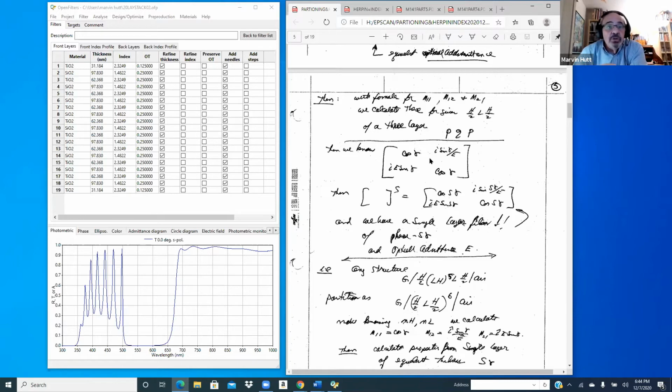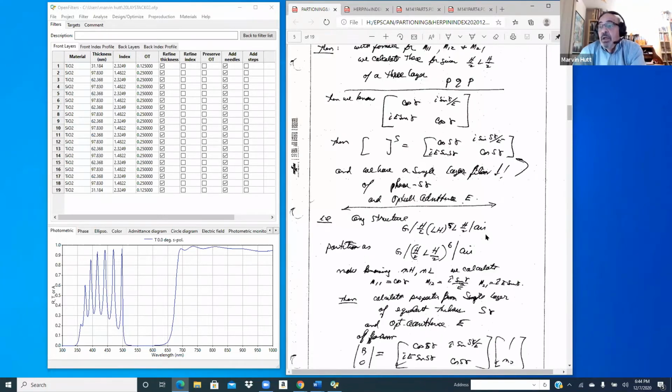I will do this, I'll show it to you. And out pops the E. So if we know this, then we know this. We have a single layer of phase gamma and an optical admittance of E. If I know E, I know the envelope.